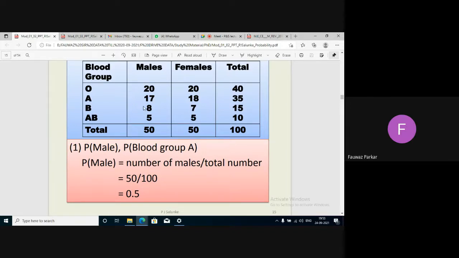Simply what you need to do is probability of A divided by total number of male, isn't it? तो 17 divided by 50 हो जाएगा. तो whatever is the probability, तो 17 by 50 divided by 0.5 हो जाएगा. Fine. Yes, sir.